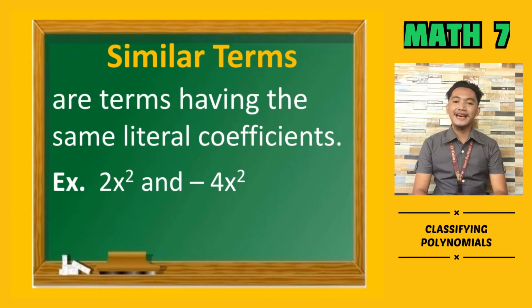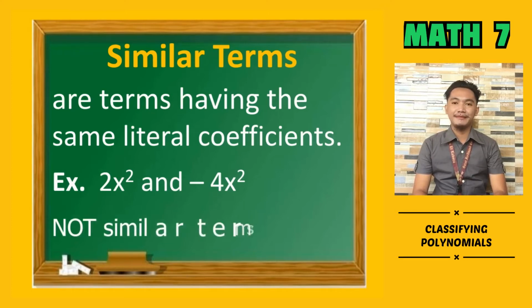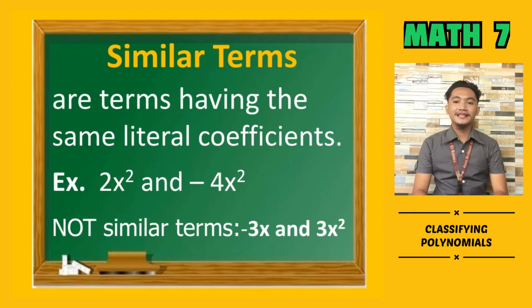This time, let's have an example of not similar terms. Negative 3x and 3x squared are not similar because their literal coefficients are not the same. What is the literal coefficient of the term negative 3x? And what is the literal coefficient of the term 3x squared?